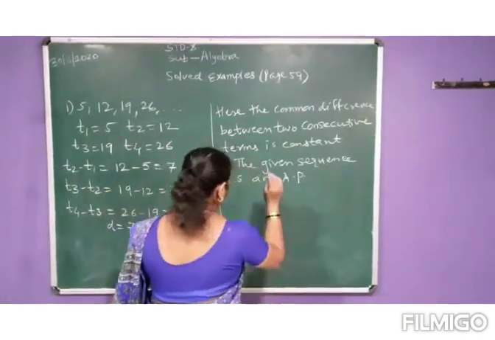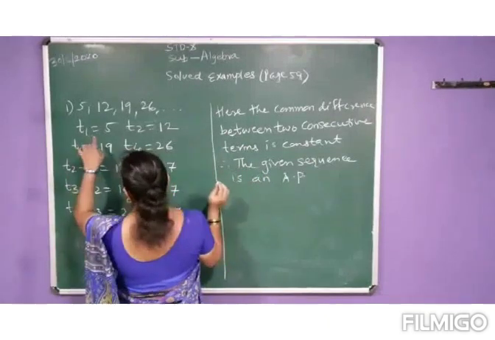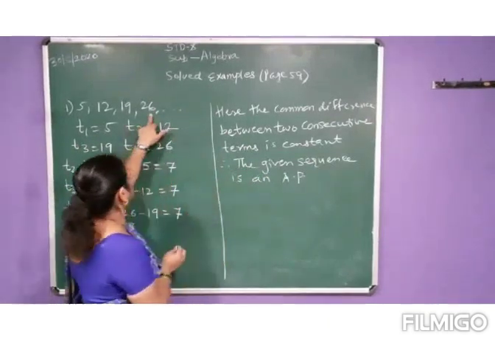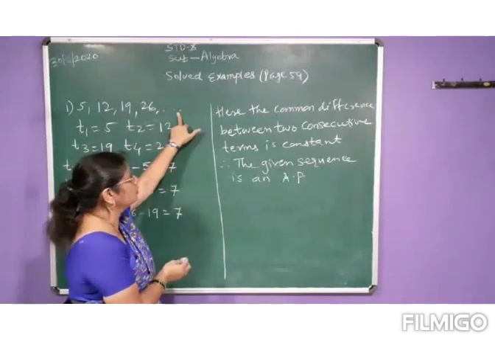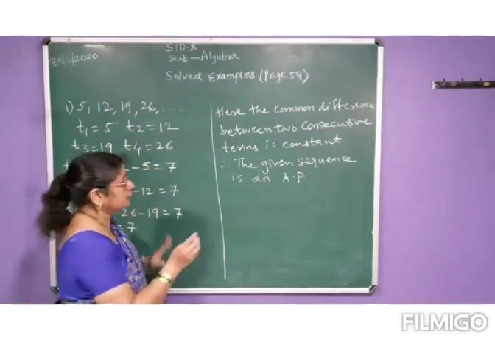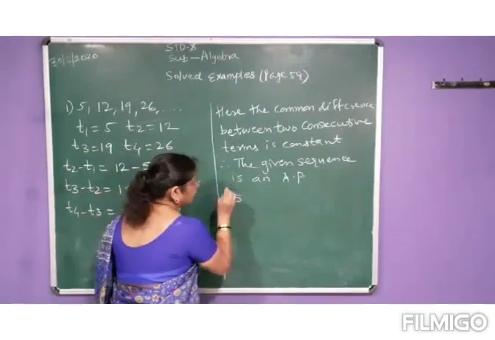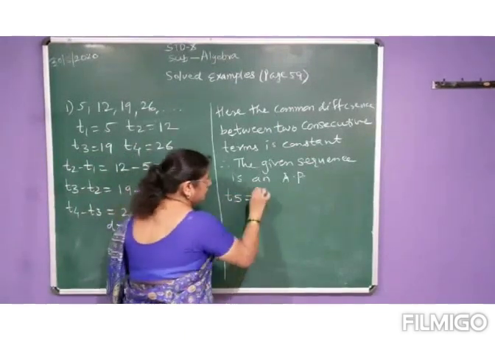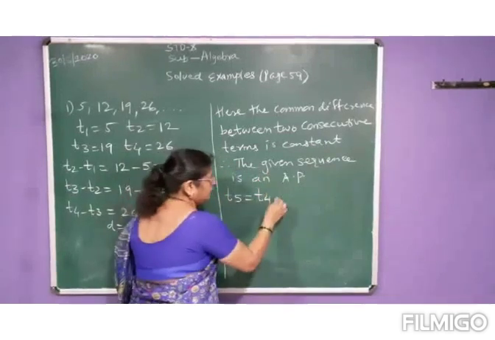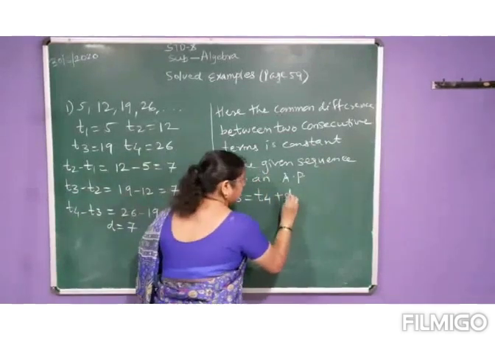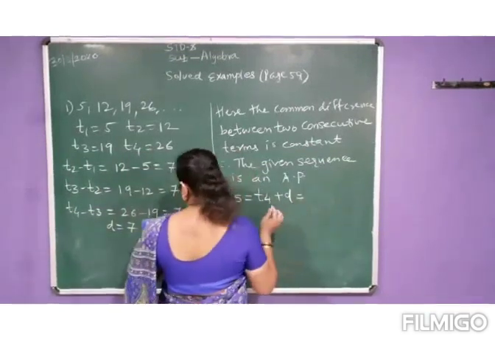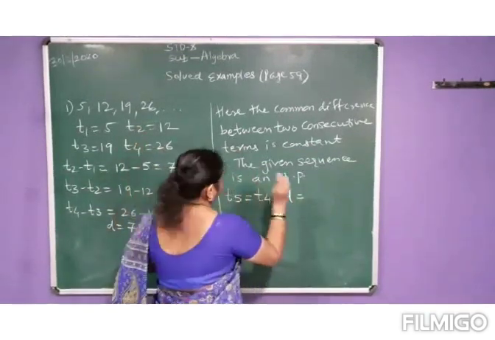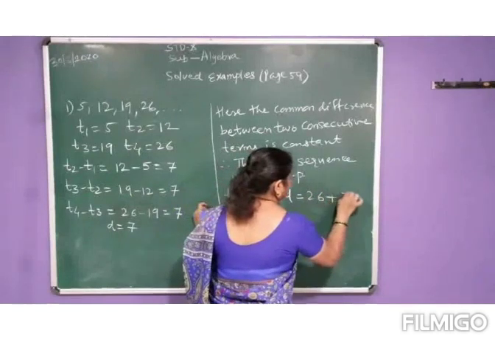Now, for finding the next two terms, you know now here the fourth term is 26. After that, we need to find out the two terms, that is T5 and T6. So, if I want to find out T5, to the previous term, that is T4, I will add the common difference, that is D, that is 7. So, here T4 is 26, 26 plus 7.